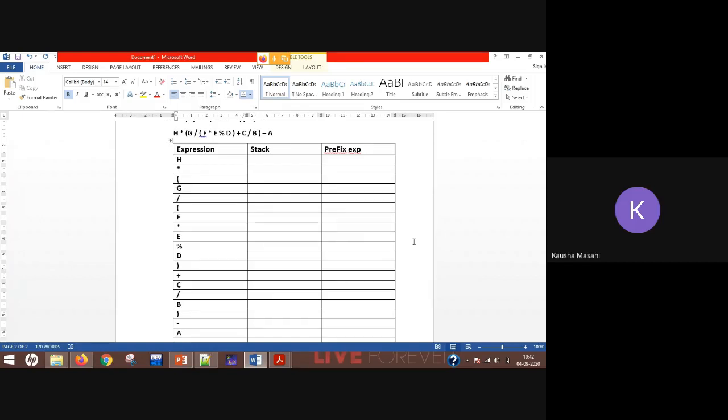Star minus, okay. Shri, I'm just verifying it. I'm not saying it is right or wrong. Star minus A divide plus divide BC. Modulo star DEFGH. Okay, let's see. See, Aditya, you have to compare the precedence of the operator which is on the top of your stack.